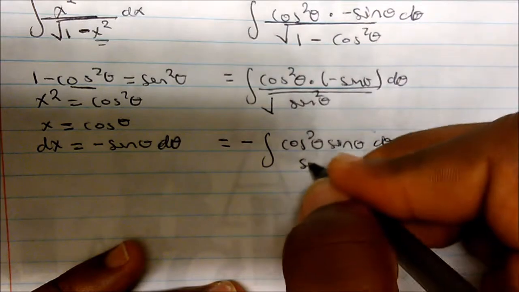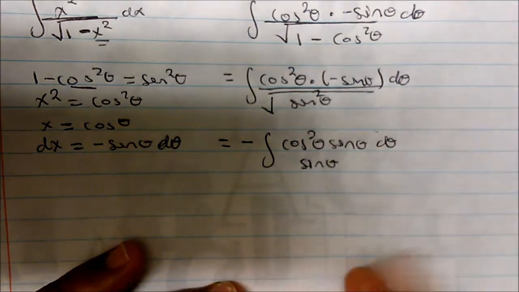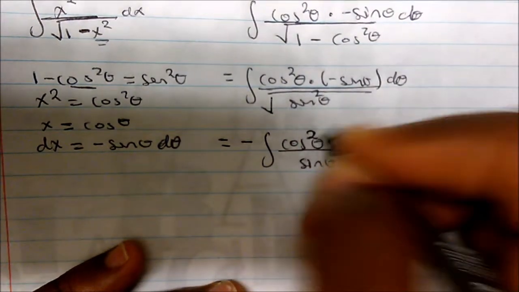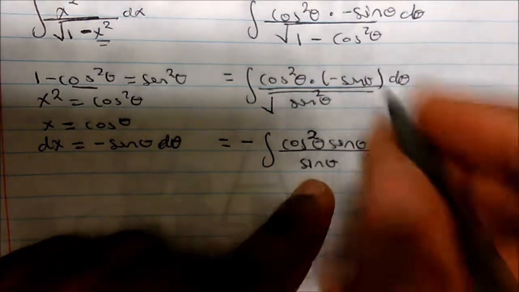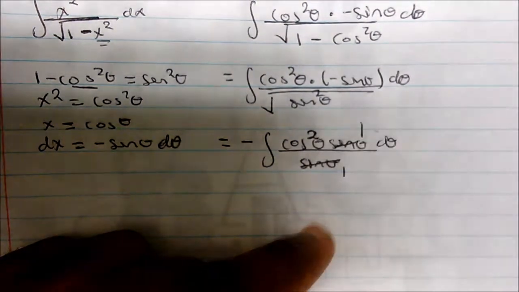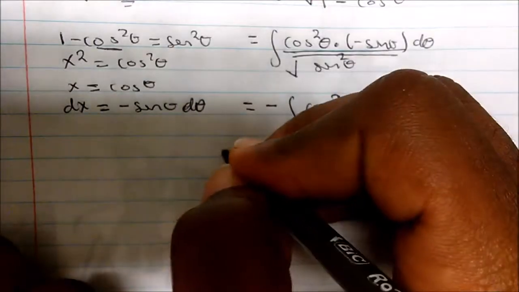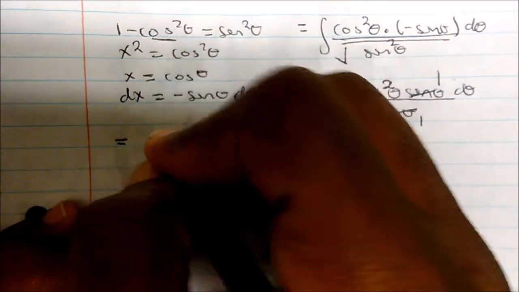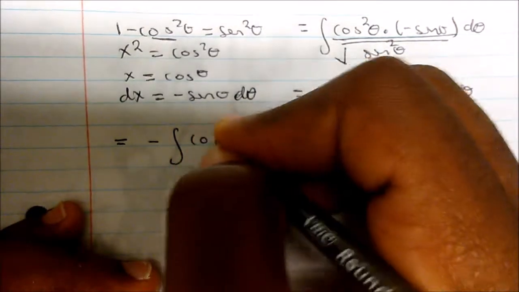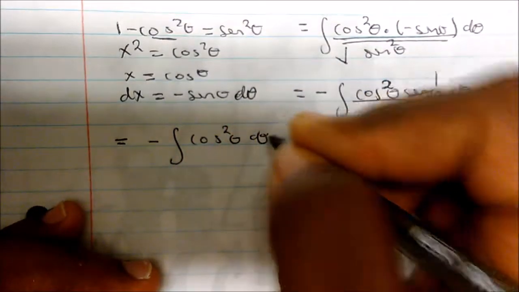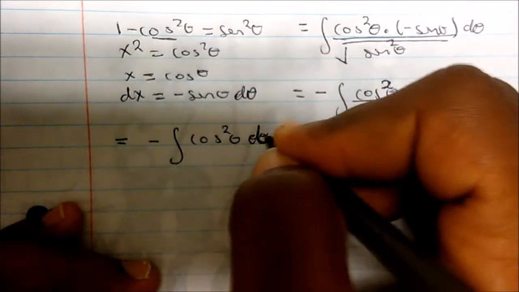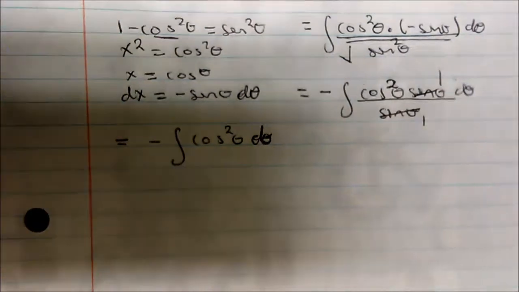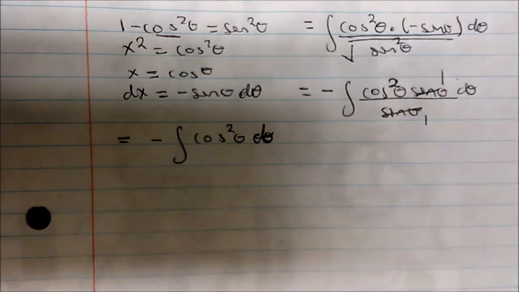That happens to be just sine of theta. Notice that the sines cancel out because they're being divided. This is now equal to negative the integral of cosine squared of theta d theta.